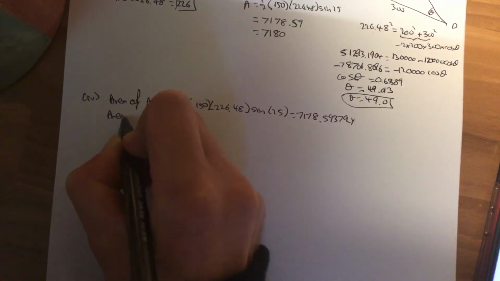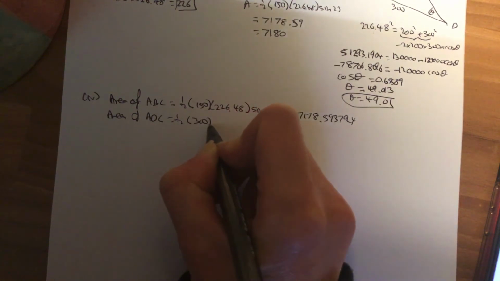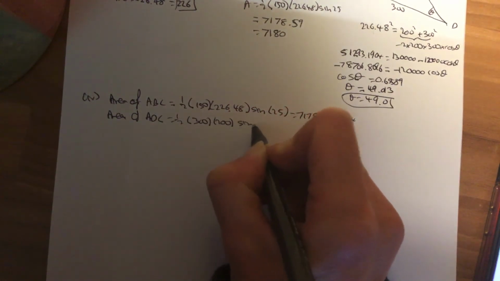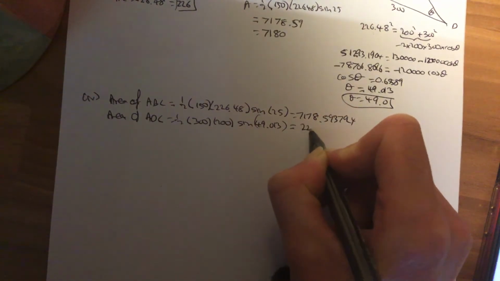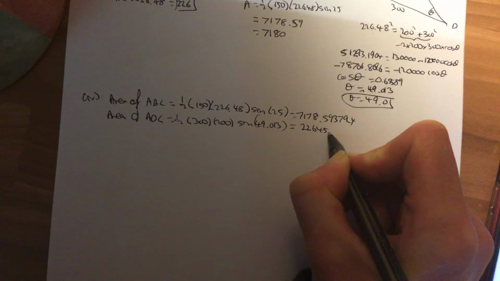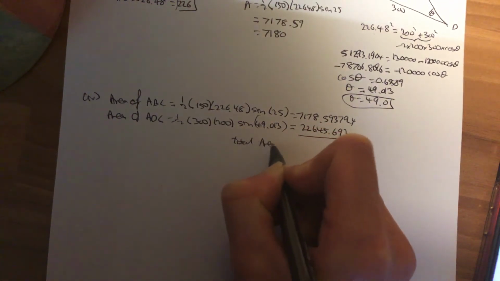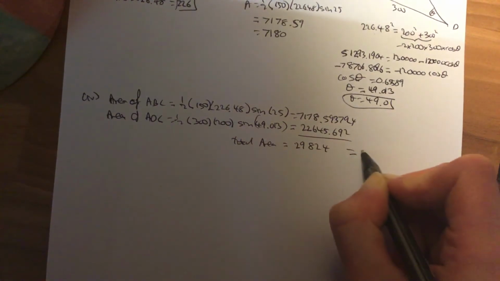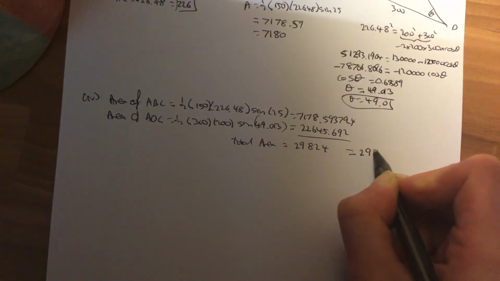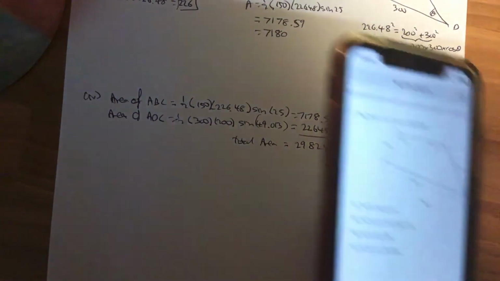And the area of the other triangle, ADC, is a half 300, 200 times sine 49.013. That works out to be 22645.692. So your total area, if you add them two together, should give you 29824. Try to remember your 3 significant figures. So 29800 meters squared.